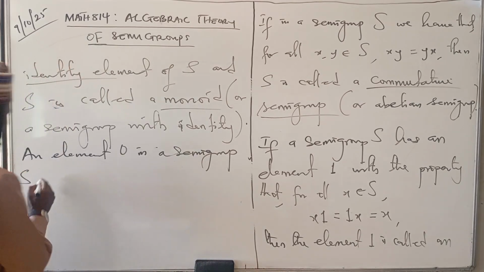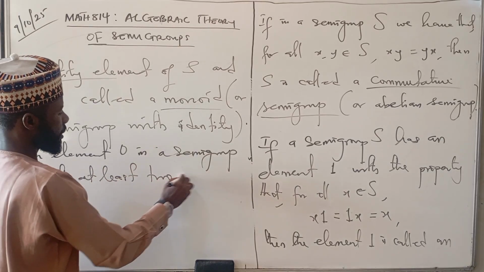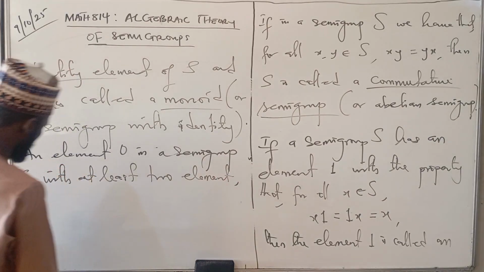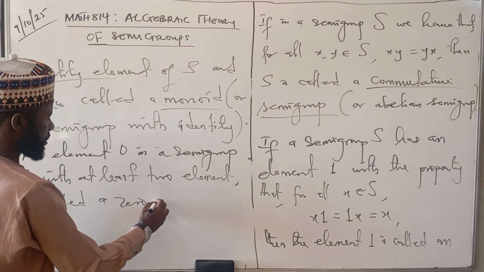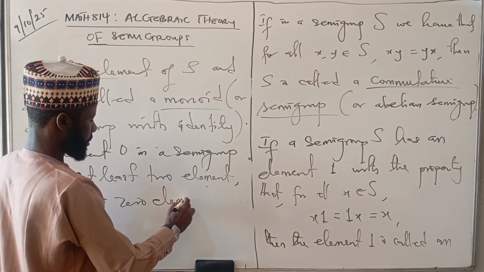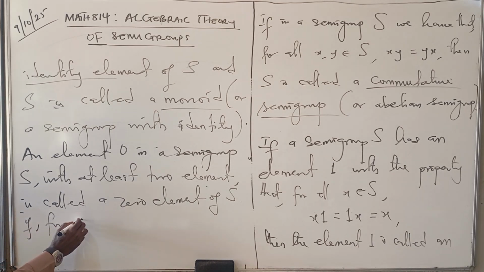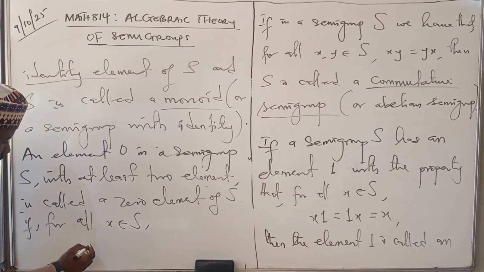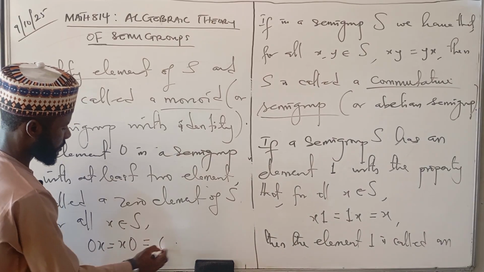The semigroup S with at least two elements is called a 0 element of S if for all x in S, 0 times x is equal to x times 0, and that is equal to 0.